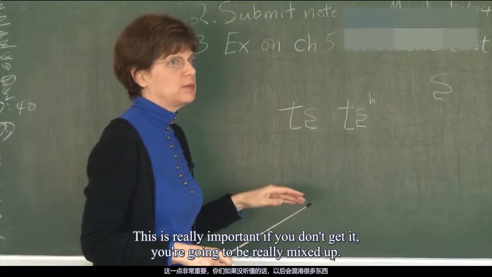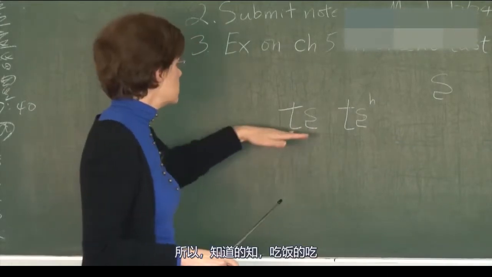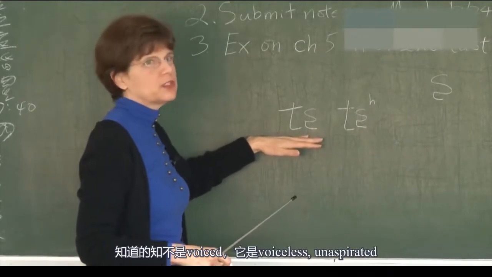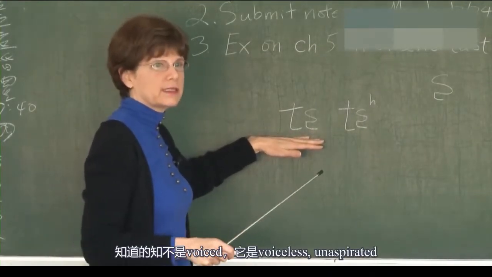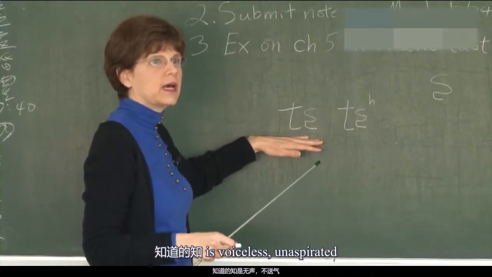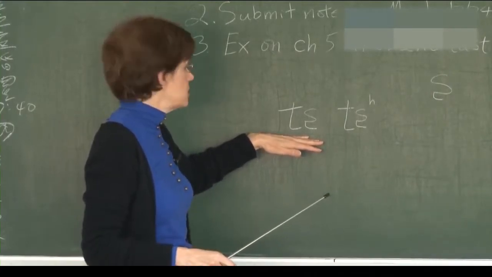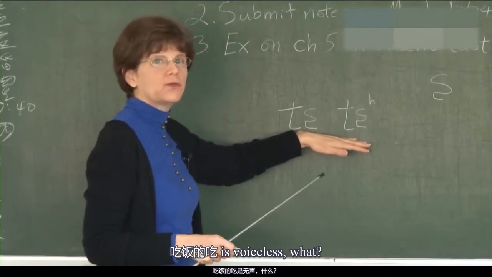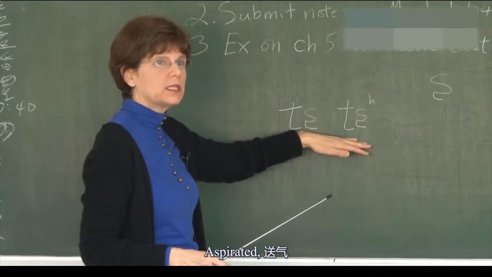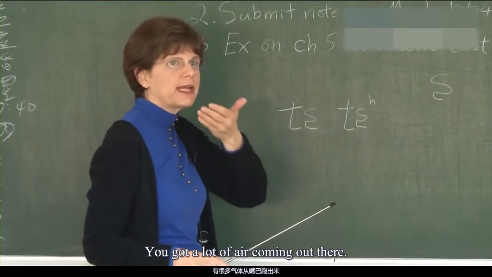If you don't get it, you're going to be really mixed up. 所以知道的知，吃饭的吃，知道的知不是 voiced, 它是 voiceless, unaspirated. 知道的知 is voiceless, unaspirated. 吃饭的吃 is voiceless, what? Aspirated, 送气。吃, you got a lot of air coming out there.